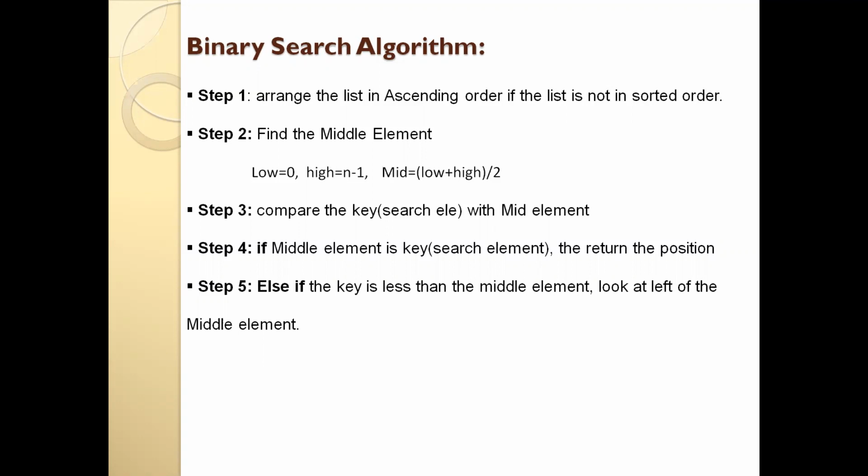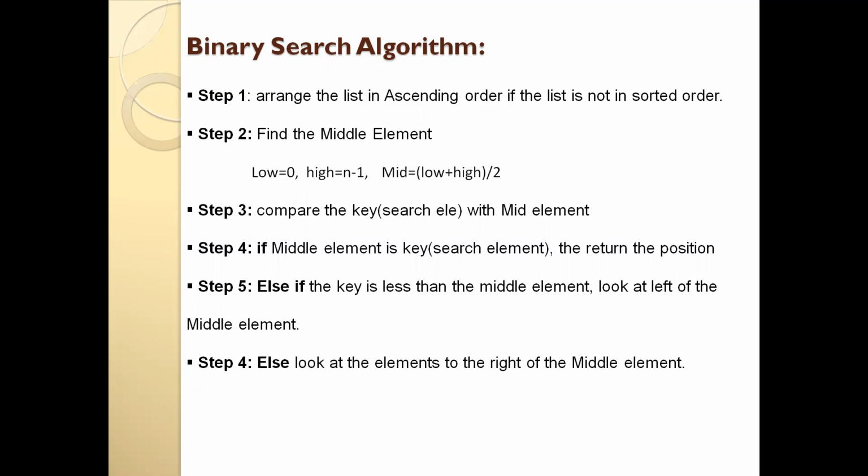If the search element is less than the middle element, that element must be in the left of the middle element. That is the reason why, if the key value is less than the middle element, look at the left of the middle element only. No need to search the right side.